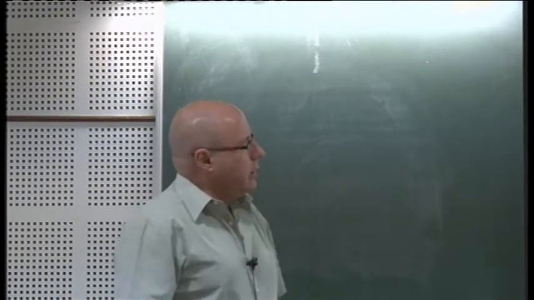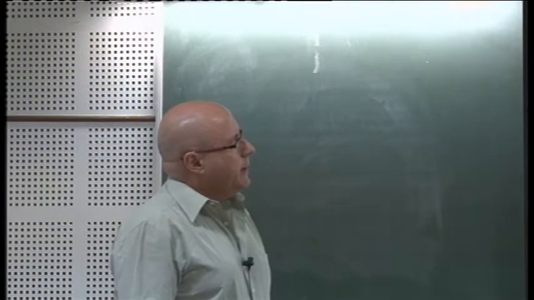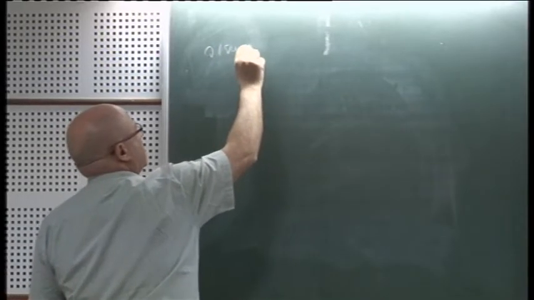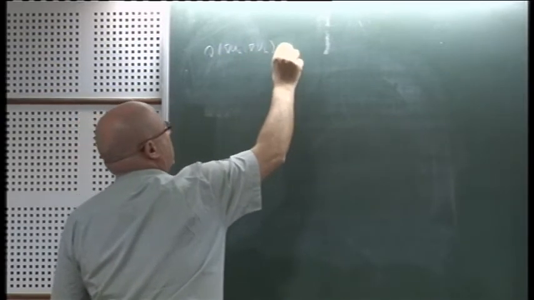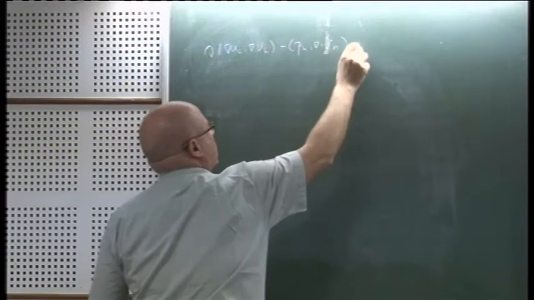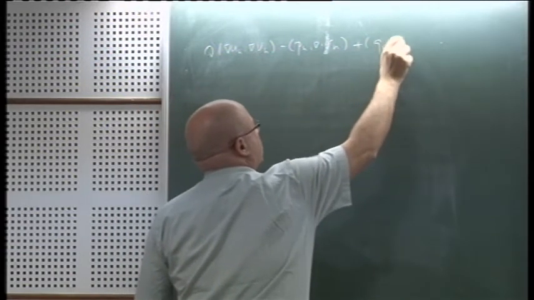I can make a break now, because we already know the next method, which is going to be with the adjoint. It's easier to explain that with the adjoint. Look, consider the following approximation of the Stokes problem: nu gradient of uh, gradient of vh, minus ph divergence of vh, plus qh divergence of uh.